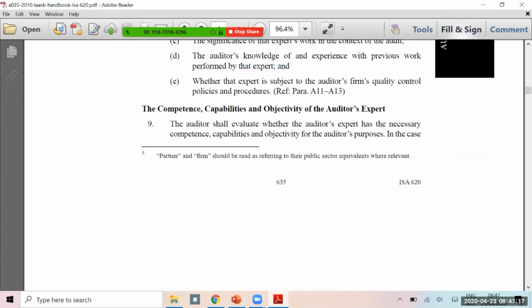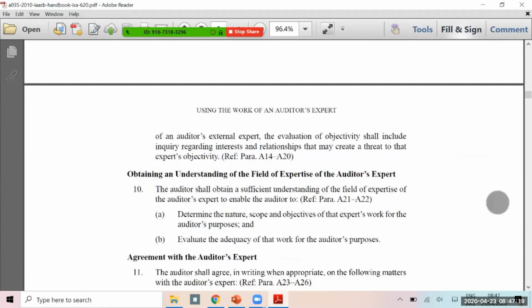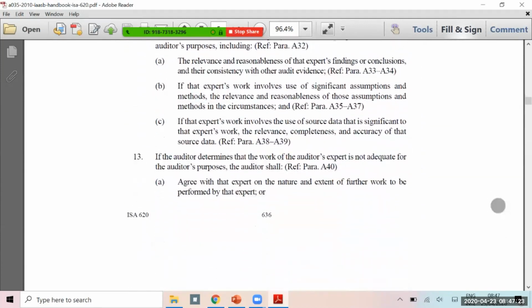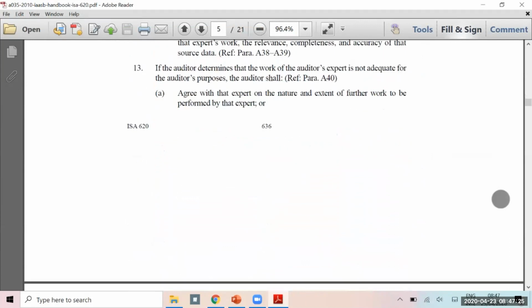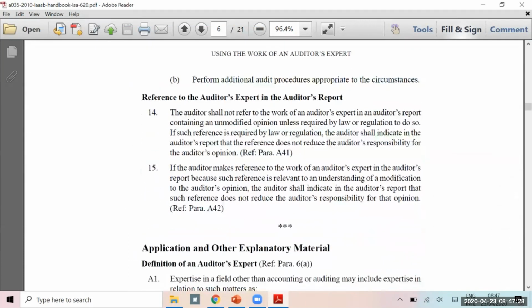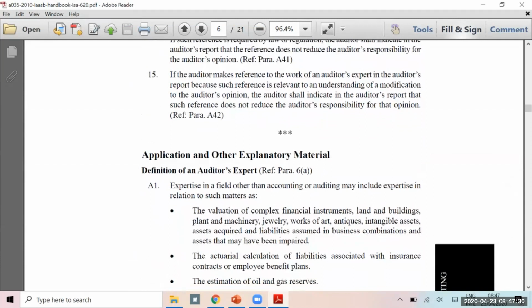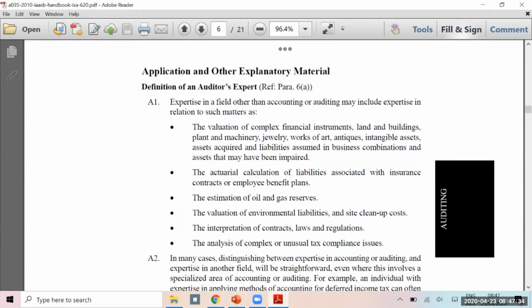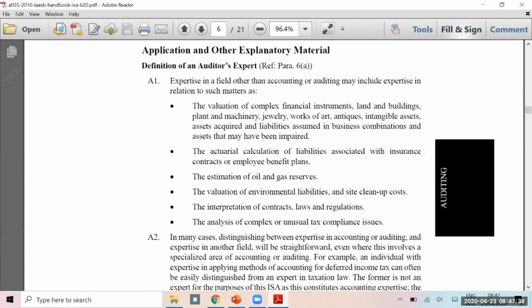So as an auditor, definitely there are areas where you will be requiring their work. Just to make a reference on what we were discussing on the management expert, here is an example of where you may require the expert's work. In point number 1, we're going to have an evaluation of complex financial instruments.